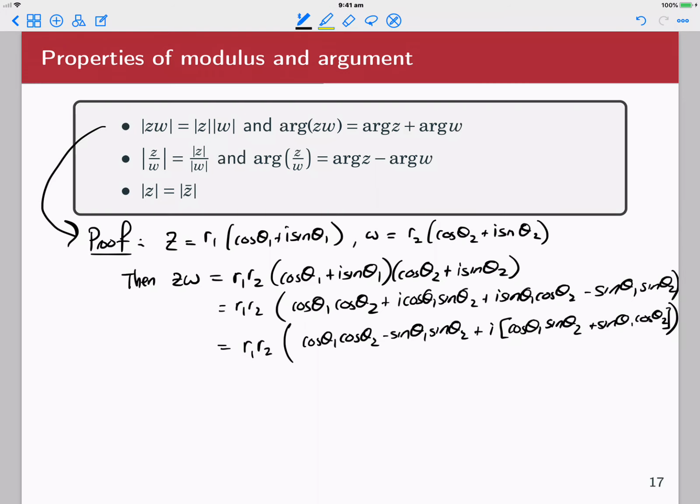Now notice something interesting happens, right? We know from our trig identities that this is the same as cos of (theta 1 plus theta 2). This is using the trig identities you learned in high school. And we know that this is the same as sine of (theta 1 plus theta 2).